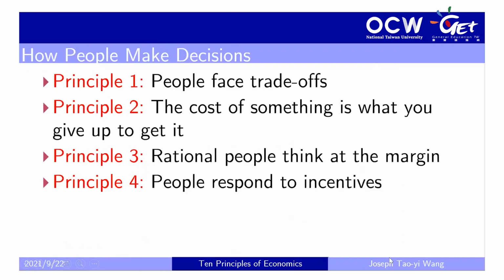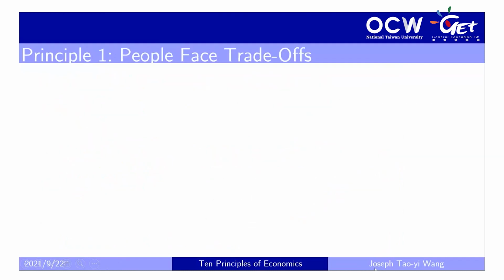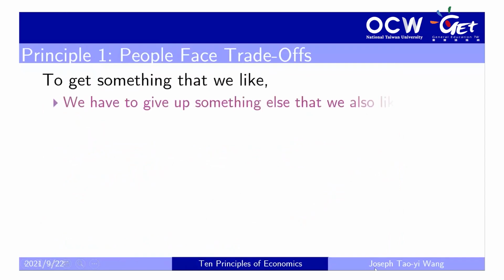Now we're going to start to look at the 10 principles. The first 4 principles are about how people make decisions. Let's go through these one by one. The first principle is people face trade-offs. To get something, you have to give something up. If you come to this class, you have to give up attending other classes. Too bad.